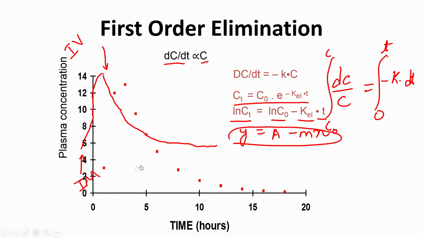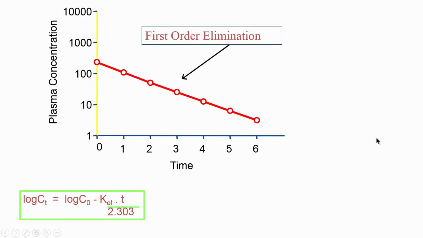So this essentially gives us the equation of a straight line. What I am saying is, if I plot the graph that I just plotted onto a log scale, we will get the equation of a straight line, which is represented as y is equal to b minus ax. When I say log scale, it is a semi log scale, because the plasma concentration is plotted on a log scale and time is plotted on a normal axis.